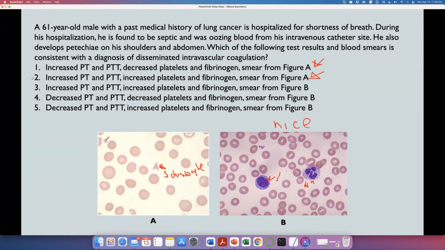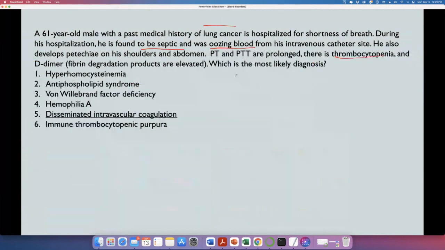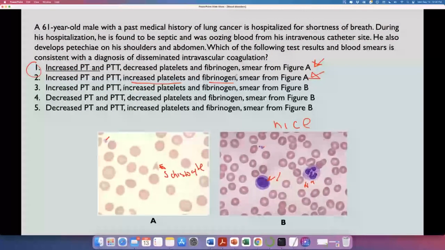Let's see the 2: increased PT and PTT, increased platelets and fibrinogen. I don't think so. If we are consuming the platelets and the coagulation factors, platelets and fibrinogen should be very low. So I will stay with the 1. And of course, I don't expect a nice peripheral smear in this patient with that history. Okay, that's the correct one.